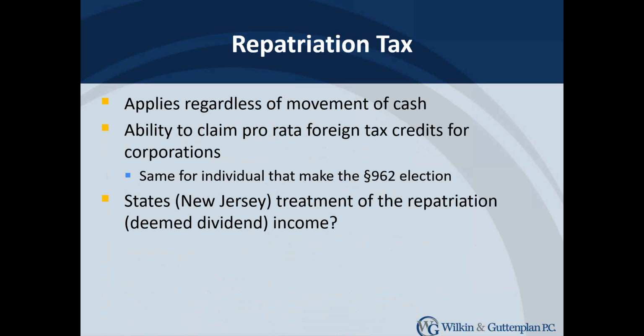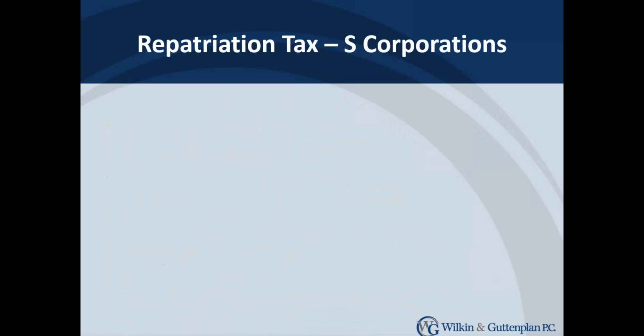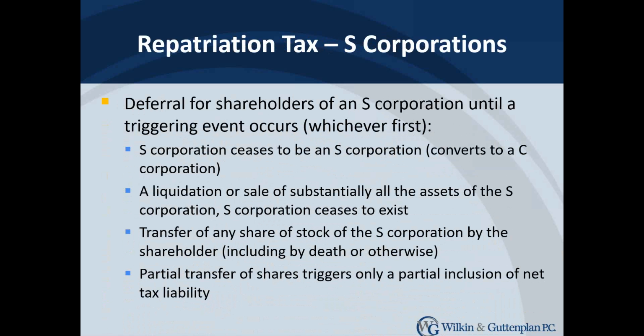Okay, thank you, Vinay. So earlier, when we talked about to whom this tax applies, we talked about individuals and corporations and partners in partnerships and shareholders in S corporations. And one of the inexplicable or head-scratching items in this legislation is that this deferral tax, this repatriation tax, can be deferred by an S corporation shareholder until a triggering event occurs.